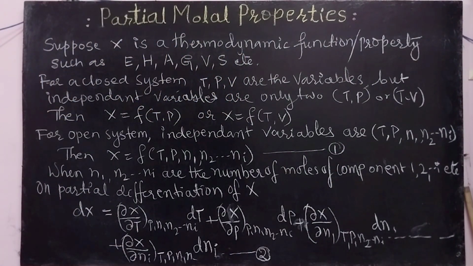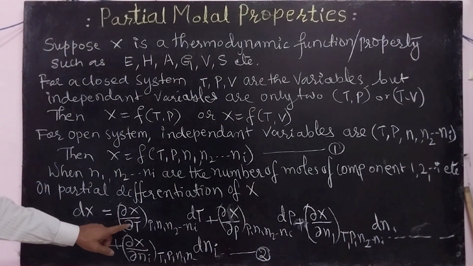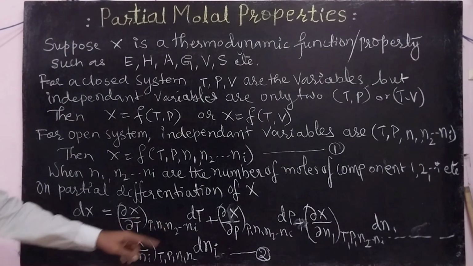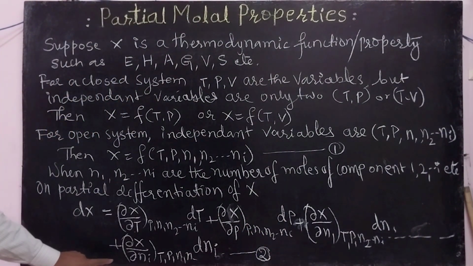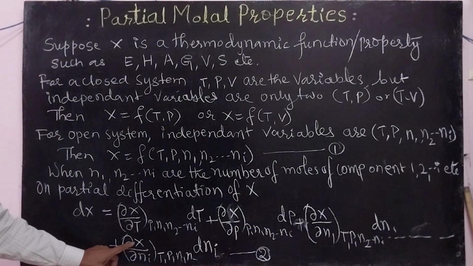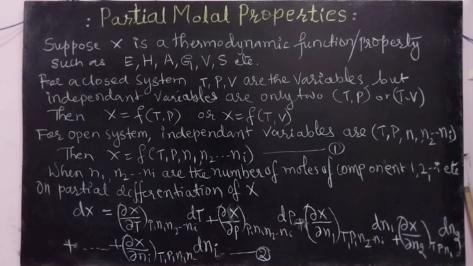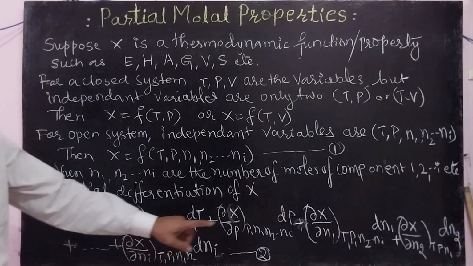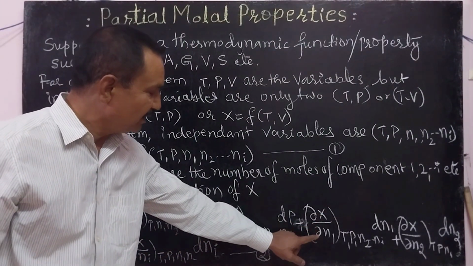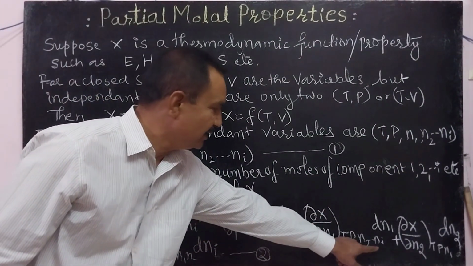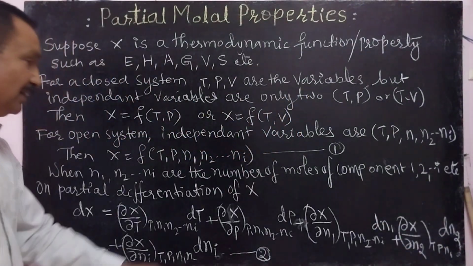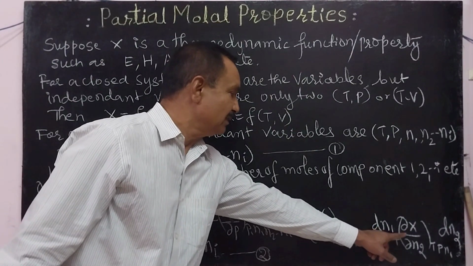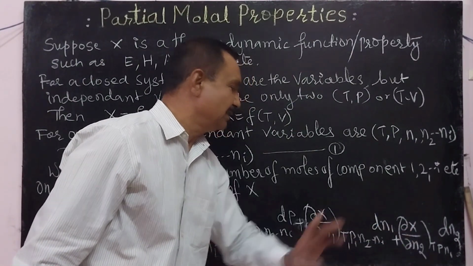Okay. Now, these are the partially differentiated data. In equation 2, this dou X divided by dou N1 at constant temperature, pressure, N2, and this dou X divided by dou N2 at constant variables, these are known as partial molar quantities.